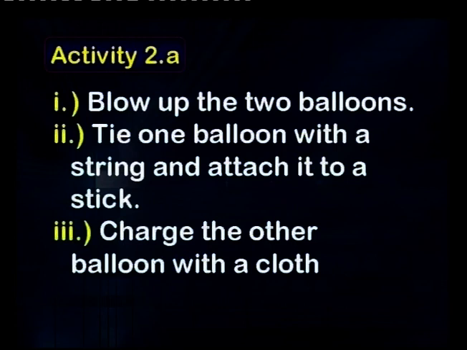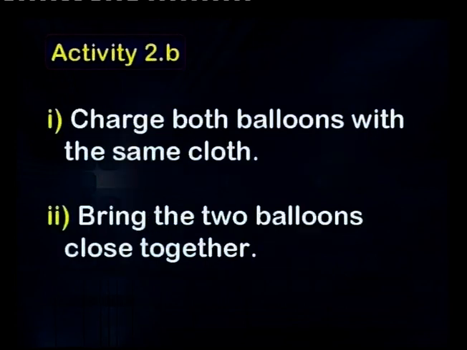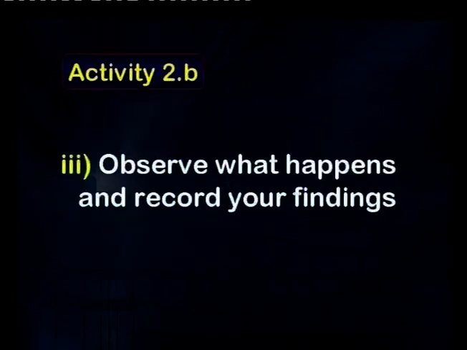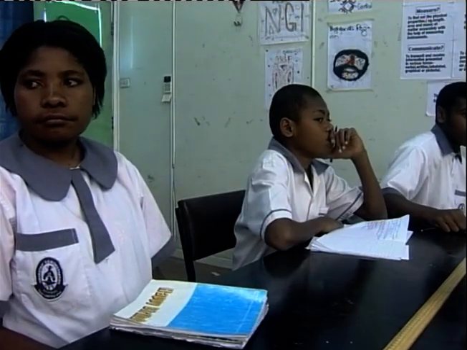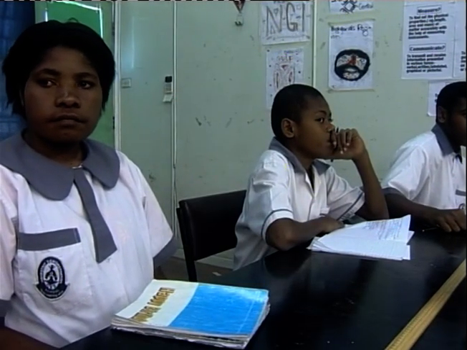That's 2A. 2B, you will charge both balloons with the same cloth and bring the 2 balloons close together, observe what happens, and record your findings. So those are the 3 different activities that you will do. First of all, you predict.